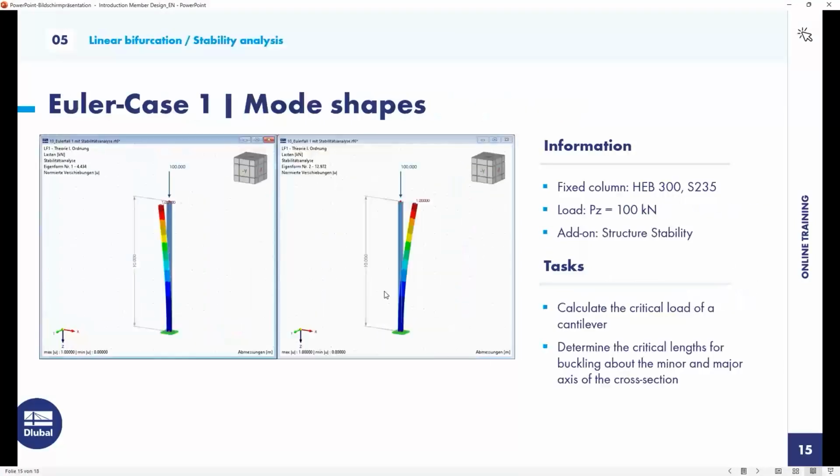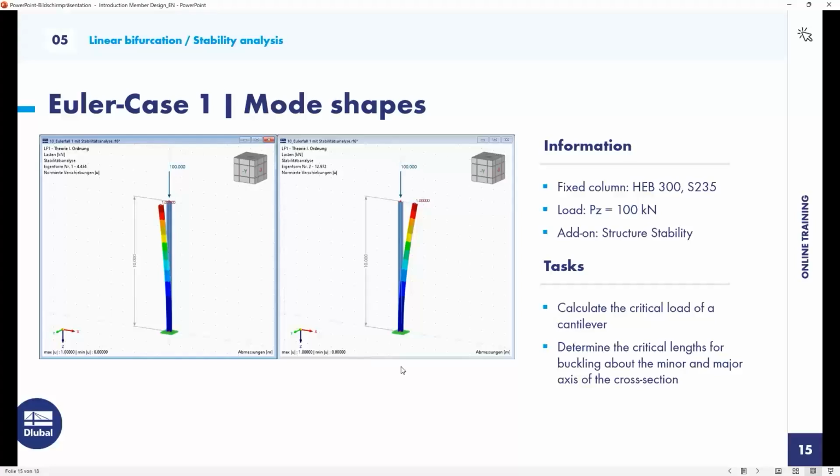Okay, and here we have the column again with the same geometry. This time we only have the vertical load of 100 kilonewton, and in this example we want to activate the add-on Structure Stability and calculate the critical load of this beam.